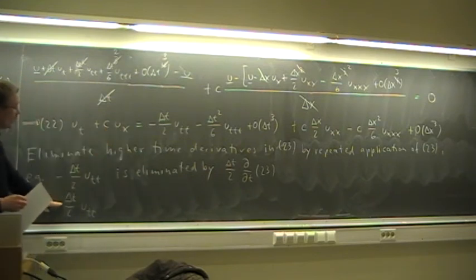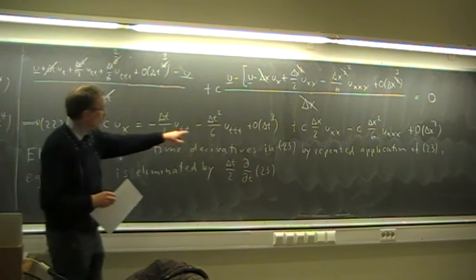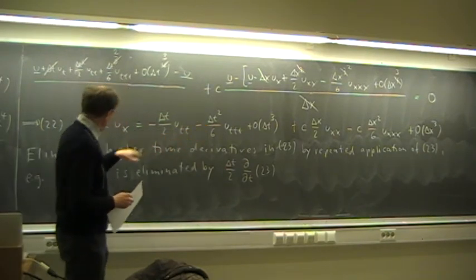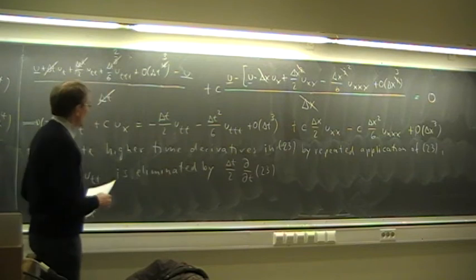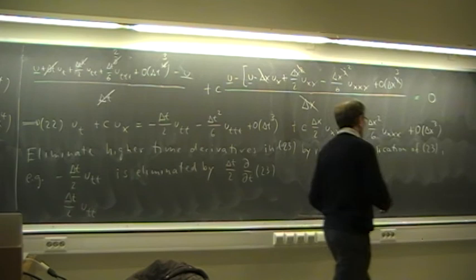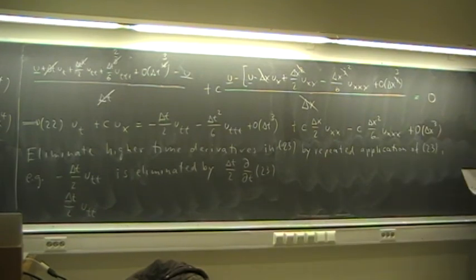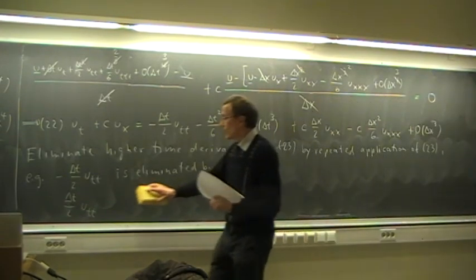But this term here, we can replace by what we get here. So that is the idea. Then we can eliminate this term, and also the other time derivatives we can eliminate this way.